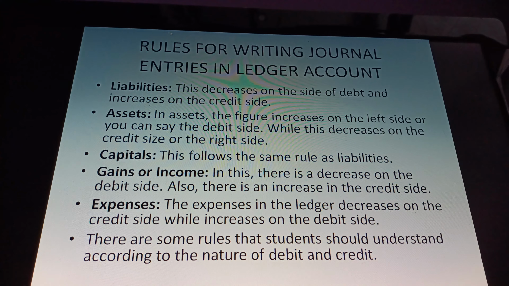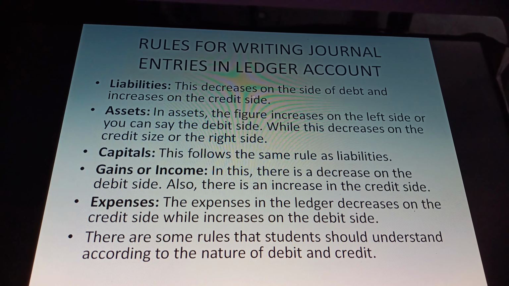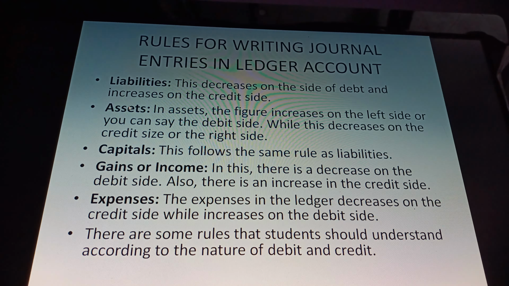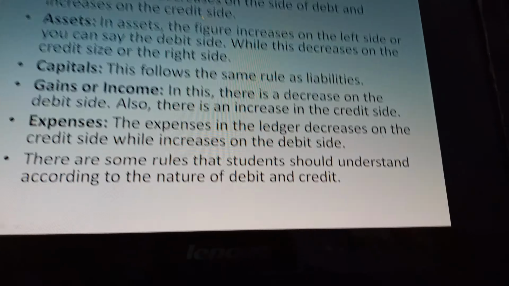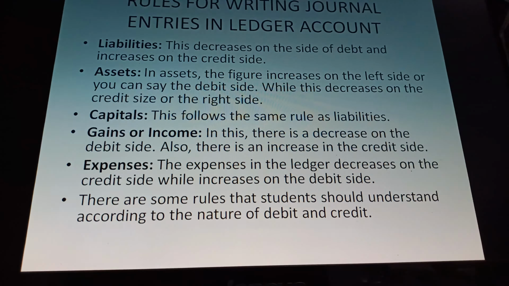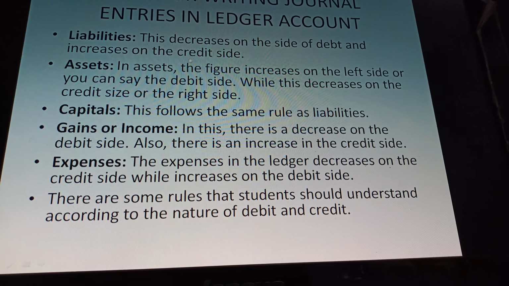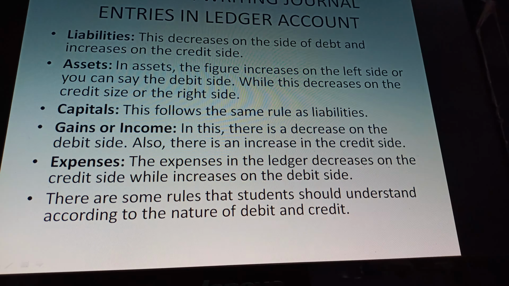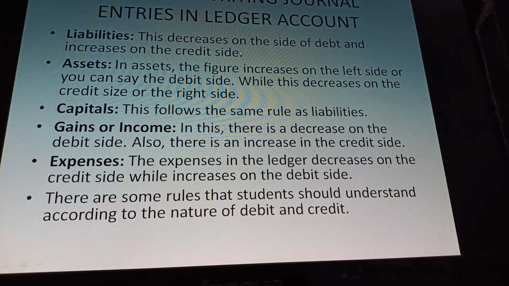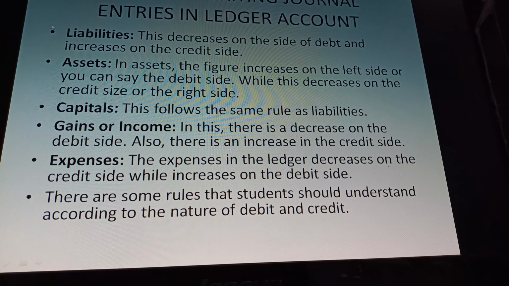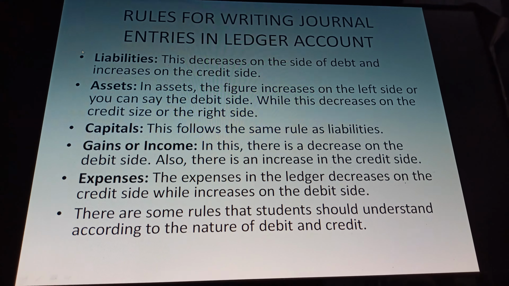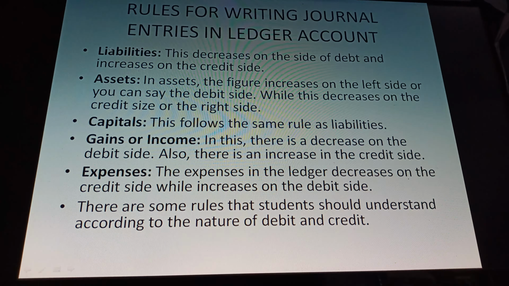Okay, first of all, liabilities. This decreases on the debit side and increases on the credit side. Okay, here liabilities decrease on the debit side and increase on the credit side. Liability is a type of loan. It is a responsibility we need to pay.